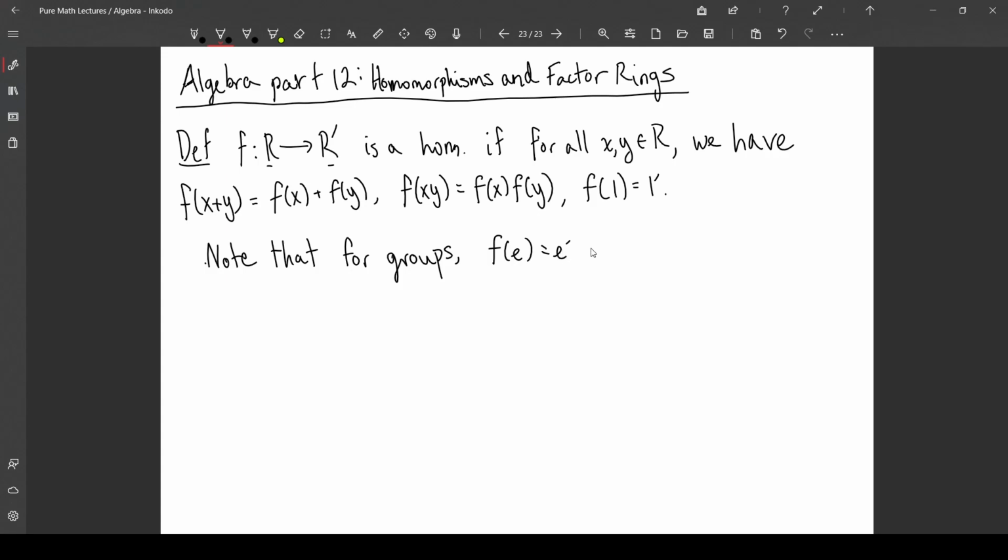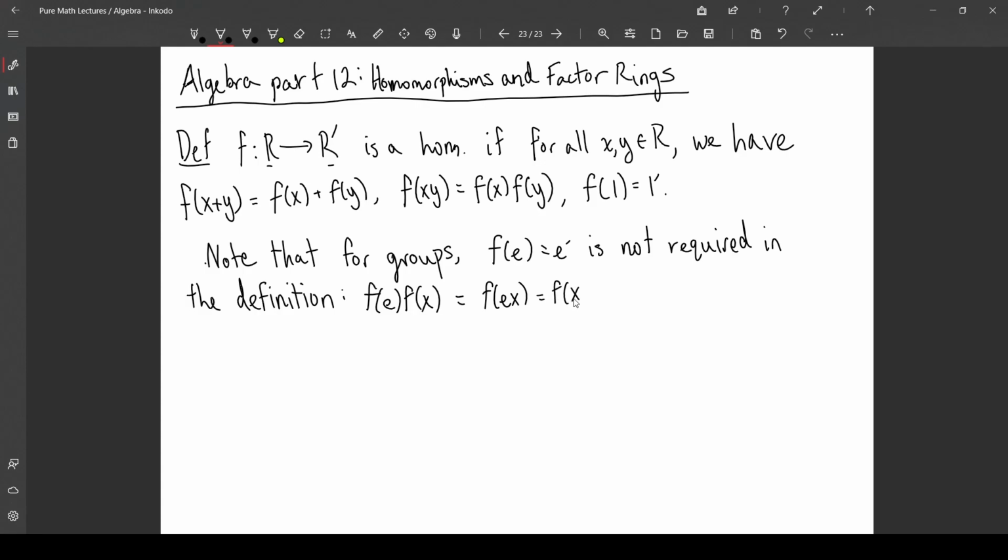F of e equals e prime is not required in the definition, and this is because if we look at f of e times f of x, this is f of ex, which is f of x.